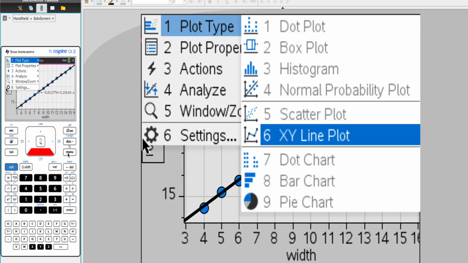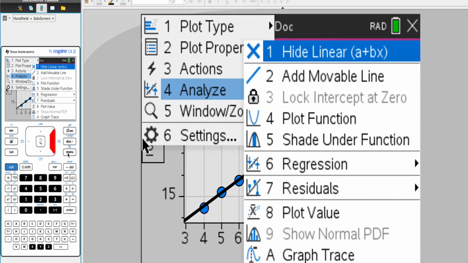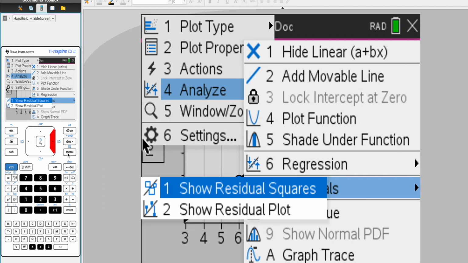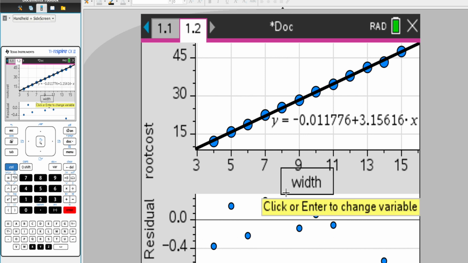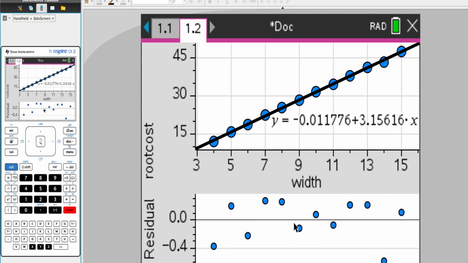Menu, Analyze, Residual, Show residual plot. So when we change this over, we want to see no scatter. It was showing a different X value, so that's why it was showing 0. We obviously look at our residual plot and we see that there is no pattern.